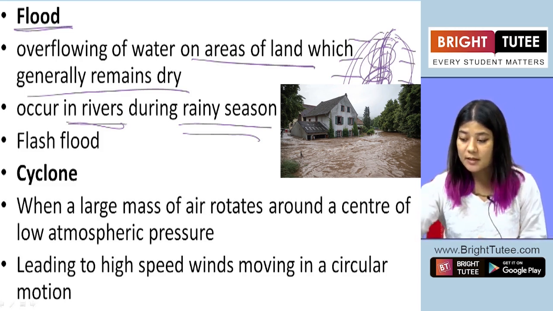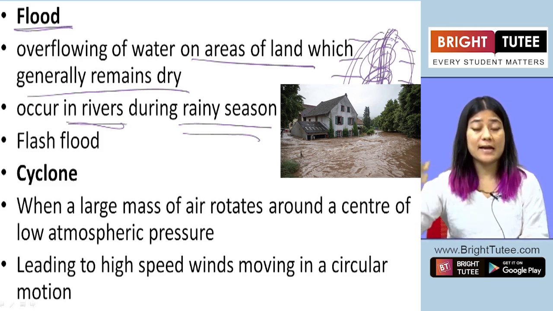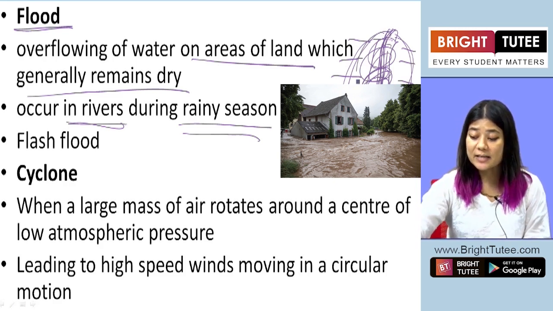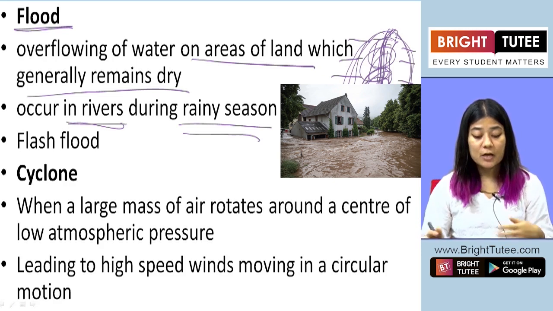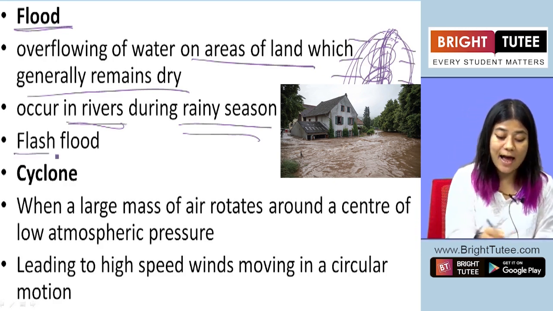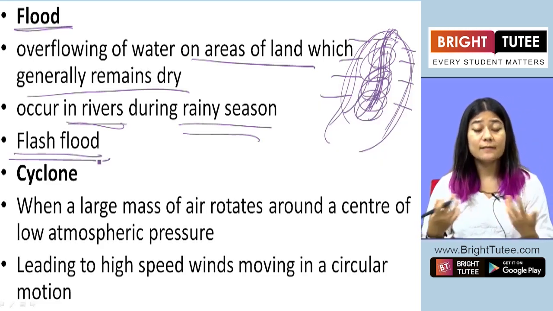But other times they happen very quickly. The water level of the river rises so quickly and it begins to flood the areas lying next to it. Such quick and rapid flood is called flash flood. So those are the floods.